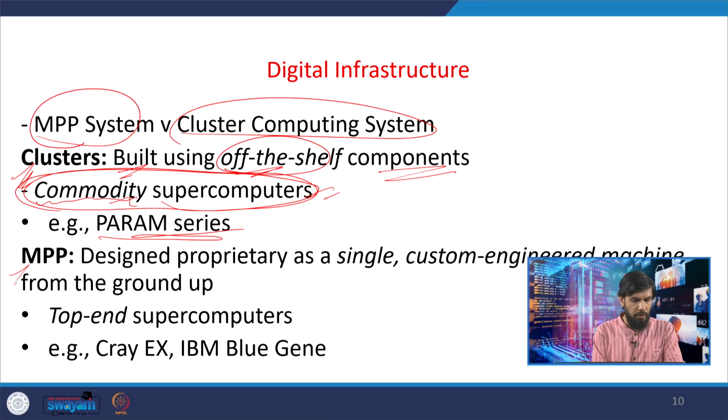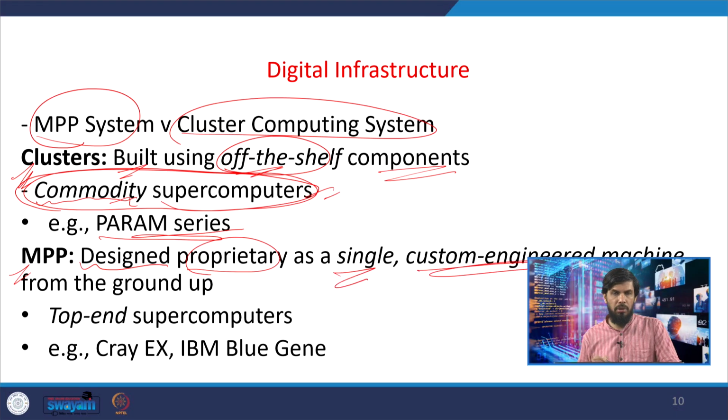Then MPP. So, the difference: these are more likely designed as proprietary, single custom engineered machines from the ground up, designed for higher capacity, at least slightly higher capacity than what clusters could provide, right.